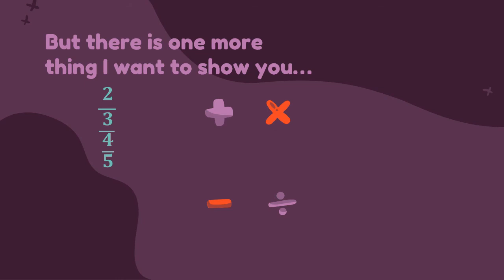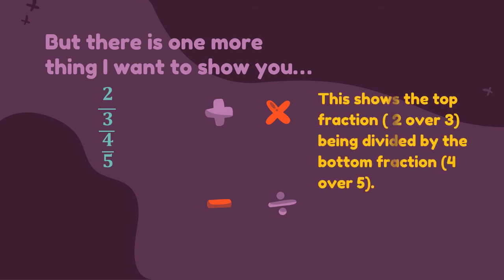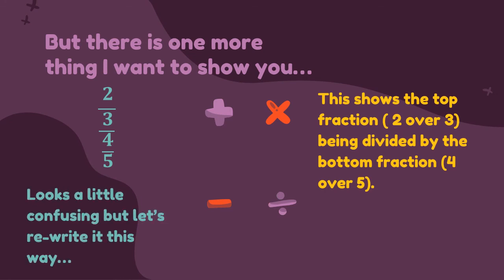This shows the top fraction 2 over 3 being divided by the bottom fraction 4 over 5. It's really just a fraction made up of other fractions. The top number is a fraction and the bottom number is a fraction. It just looks a little confusing because we have all these fraction lines here.